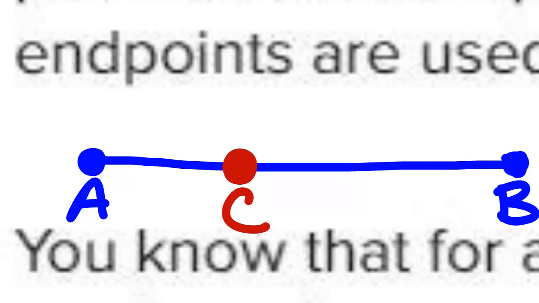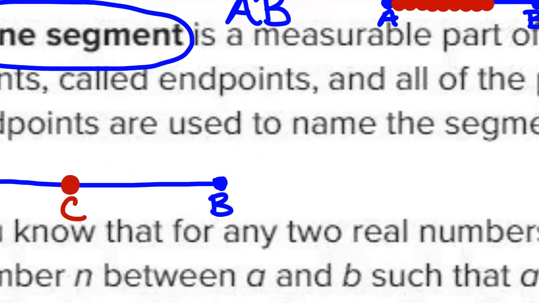If A, B, and C are collinear, and C is in between those two endpoints, then I can take segment AC, my apologies, AC. This little bit right here, this would be segment AC.